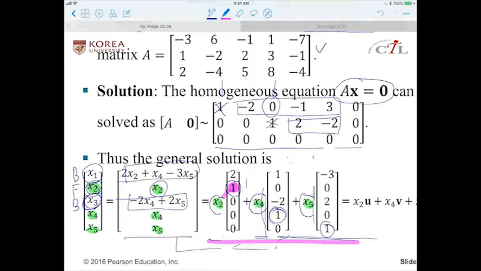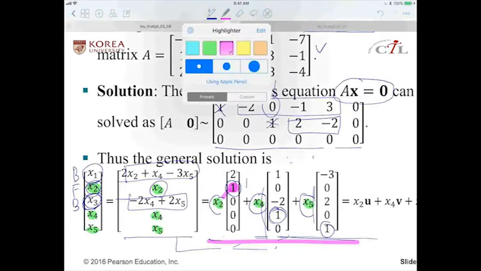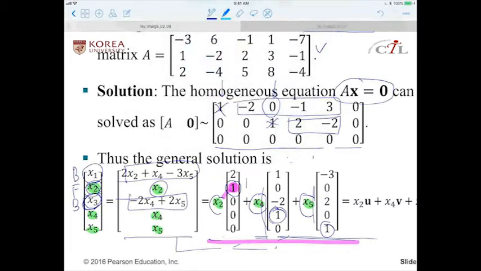By that I mean those values, okay? So for example, let's think about this case. It means we are representing x1 in terms of all the free variables that we have, right? So x2 and x4 and x5, right?